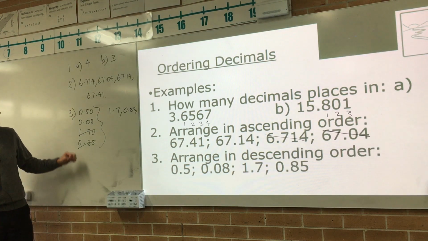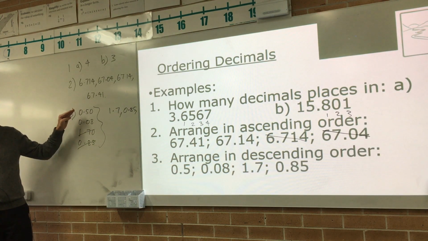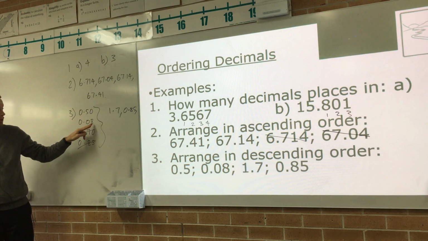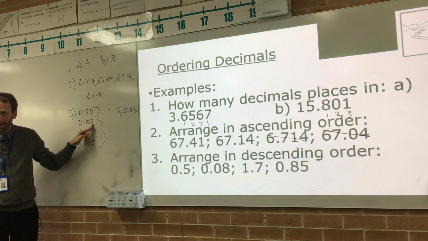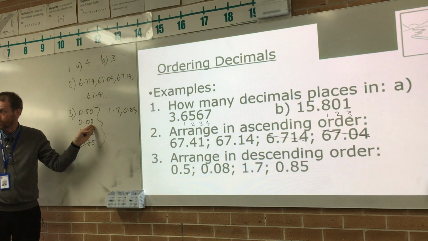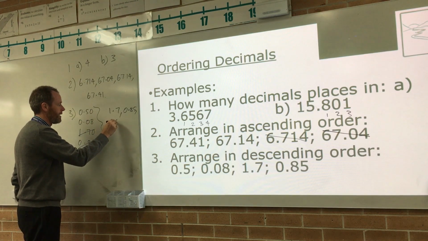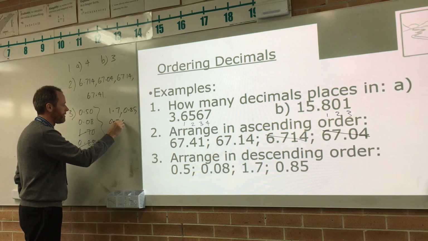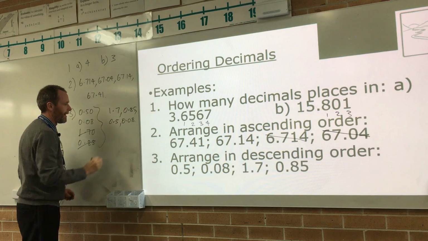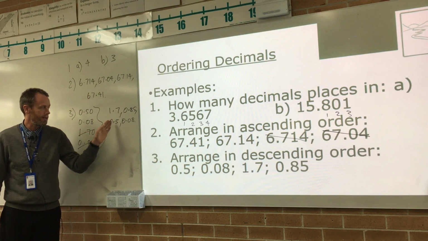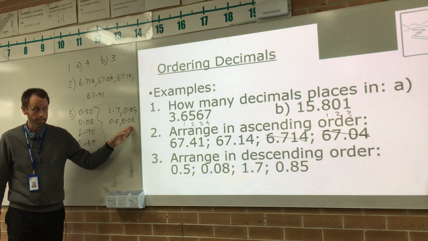Which is going to be our next highest? Yes. 0.50. Even though an 8 is normally a higher number, because it's in the hundredths column, it's actually worth a lot less. So we then have 0.5 and then 0.08. That is arranging it in descending order.